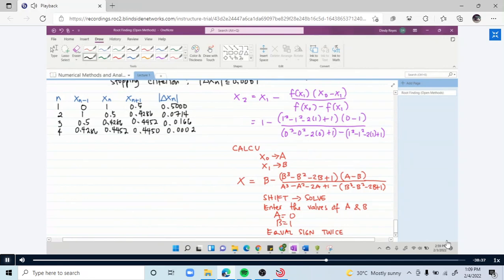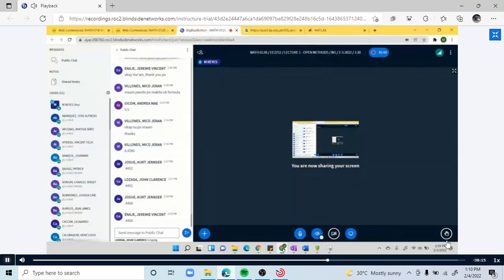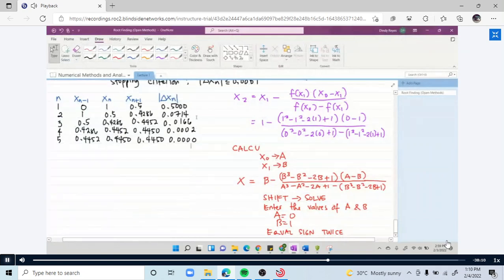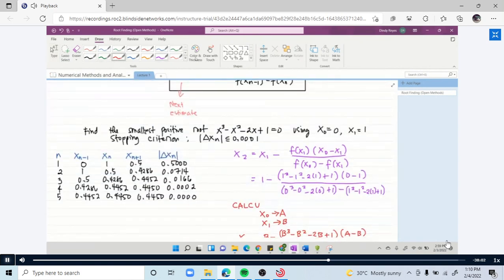Still not enough, one more. Fifth iteration: A is 0.4452 and B is 0.4450. I think this will be 0.4450 again, which gives us 0.0000. Kindly check. Okay, correct. So it takes 5 iterations to get the smallest positive root using the secant method.